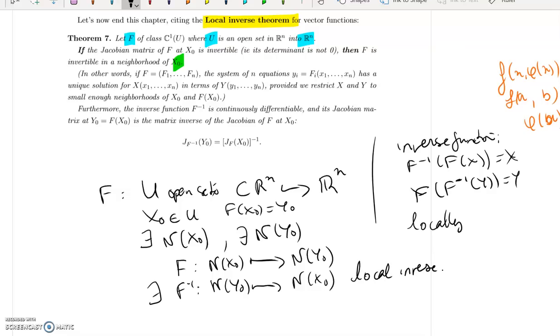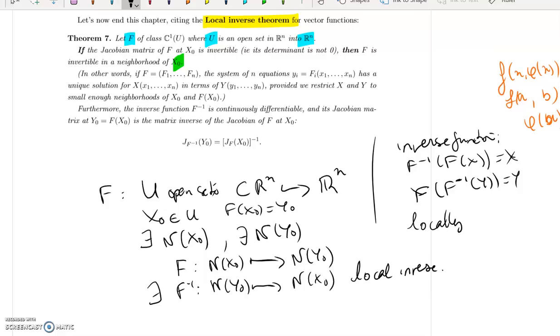I insist on the idea of locality because the condition is actually going to rely on the Jacobian of the function f.